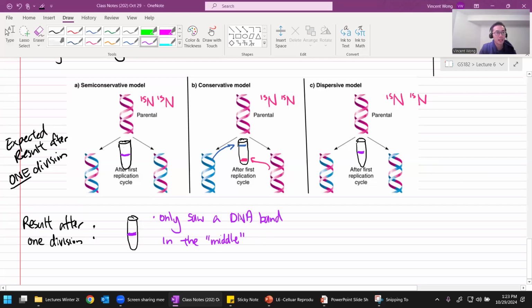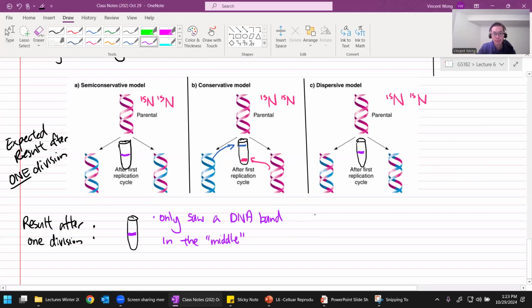Okay, Cheyenne said that means it's semi-conservative. Anyone else? What does it mean? Okay, it's dispersive. Anyone else? Oh, or dispersive. Okay, yeah. You're right, okay? It's either semi-conservative or dispersive. Right? We don't know. So only saw a DNA band in the middle.